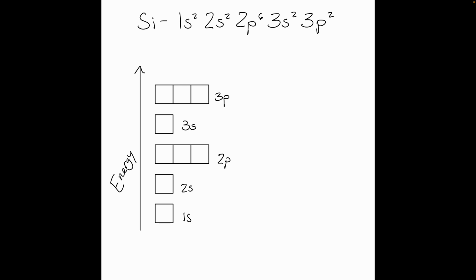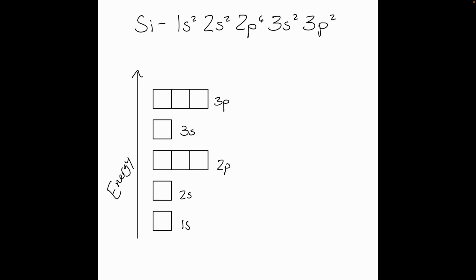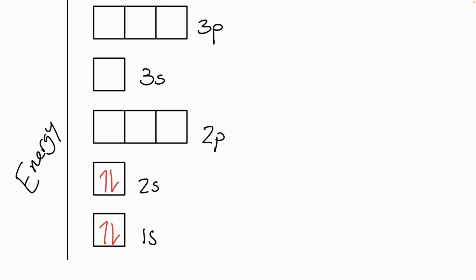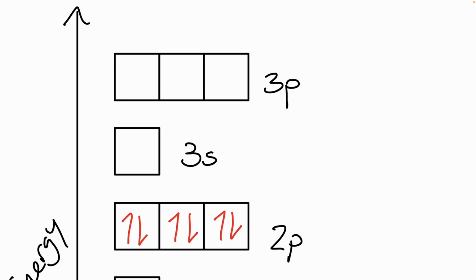All right, so how many electrons should be in that 1s orbital in my diagram? 2. In fact, all of these boxes are going to be full until I get to the very top here, okay? But I'm going to be good, and I'm going to follow my filling rules for this 2p orbital, where you half fill first, and then go back and double up.